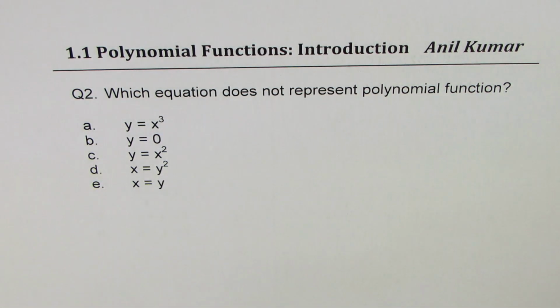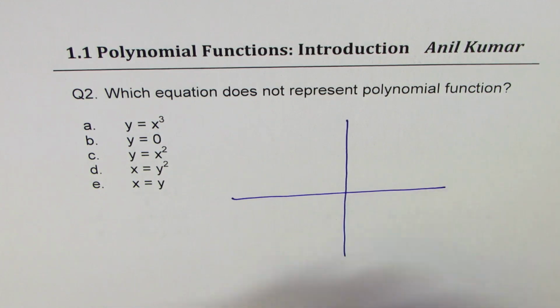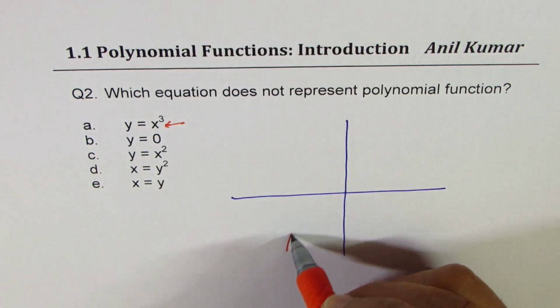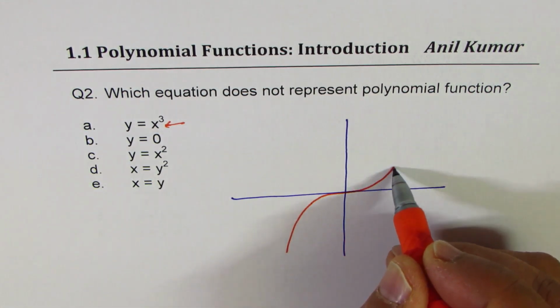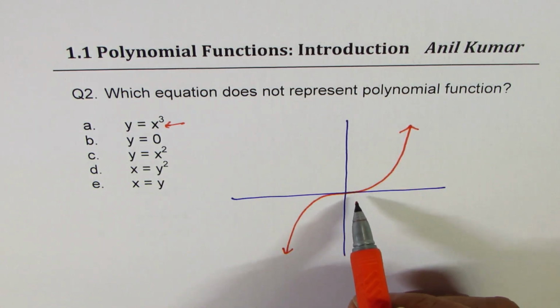Now here, let me sketch all of them so that it's very clear to you how these functions look. They will help you to consolidate your learnings, which we did in our video earlier. So x cubed will look like this. It kind of flattens here and then goes up again, so there is no turning point.